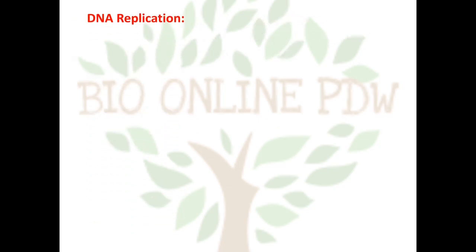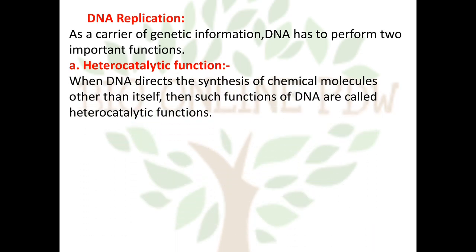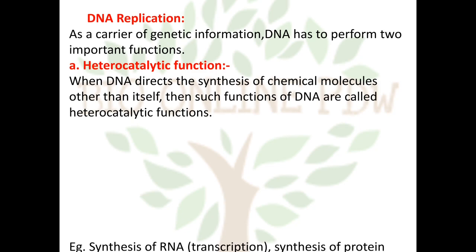Okay, now starting with the process of DNA replication. As a carrier of genetic information, DNA has to perform two important functions. The first one is called the heterocatalytic function. That is, when DNA directs the synthesis of chemical molecules other than itself, such functions of DNA are called heterocatalytic functions.